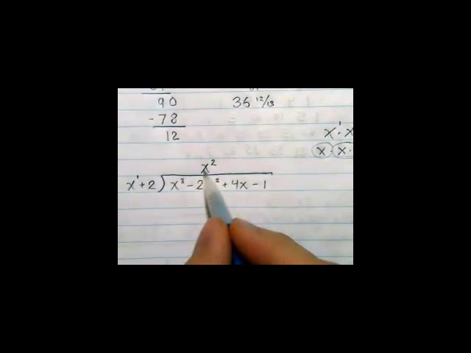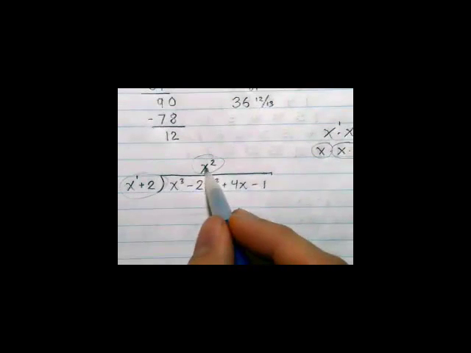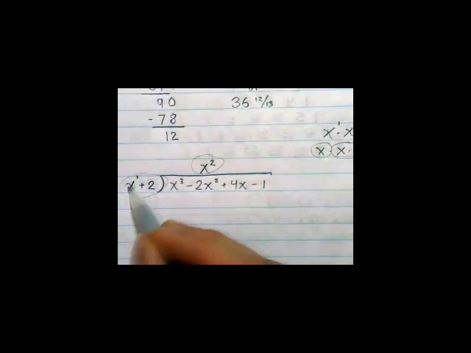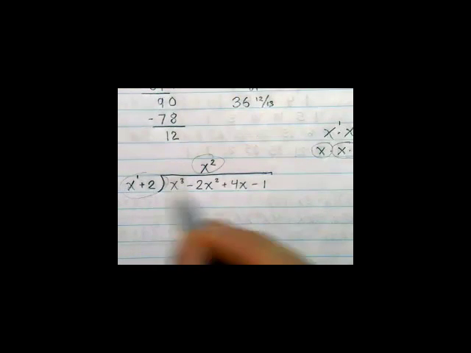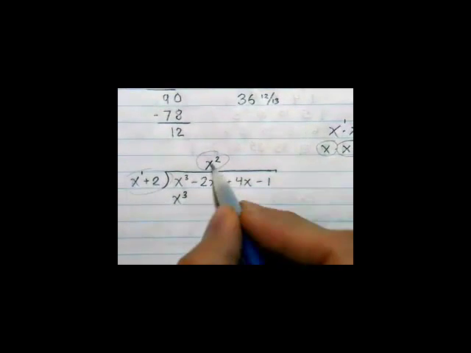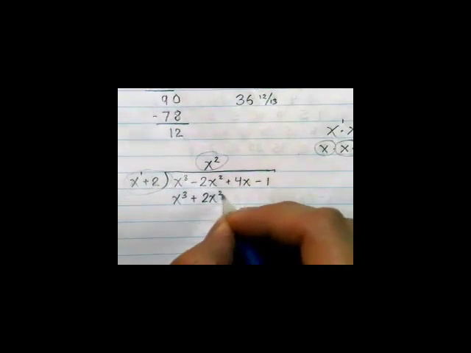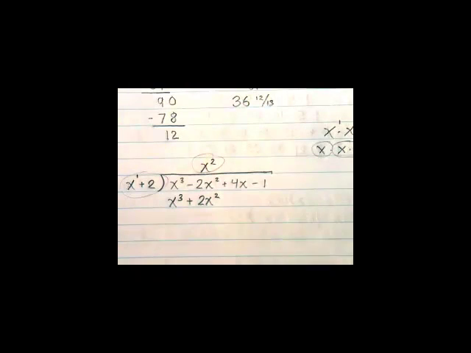It's x plus 2. So x squared times x plus 2. We have to distribute it. We have to multiply it with the x, and we have to multiply it with the 2. X squared times x, x to the third. X squared times 2, plus 2x squared.